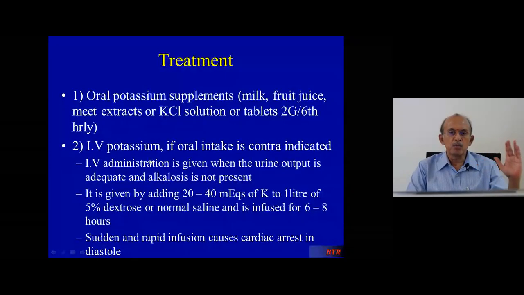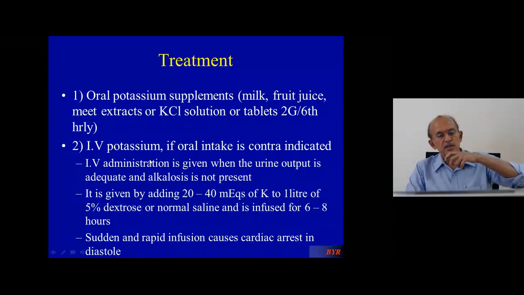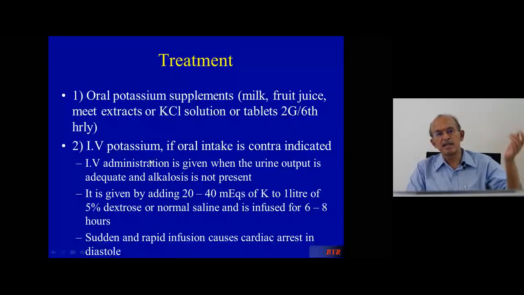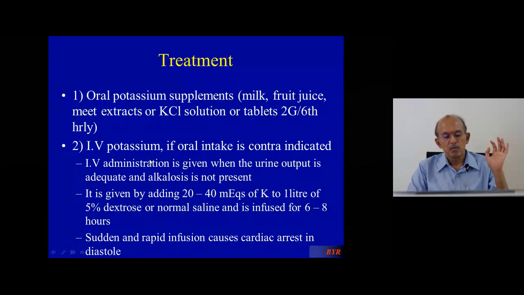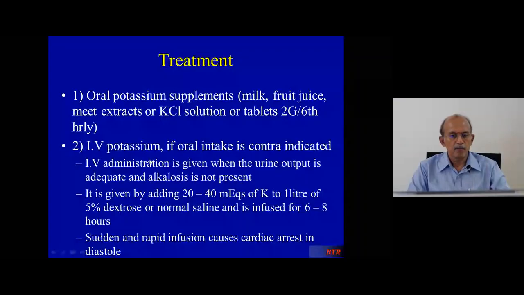Any rapid administration of potassium will cause disturbance in the conduction mechanism of the heart. If you take this 20 ml in a syringe and just push it, before you draw the syringe out, the patient is dead because there will be cardiac arrest.